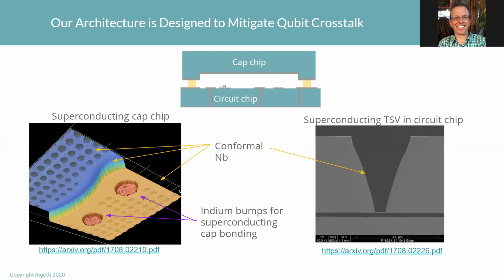We use a superconducting via, niobium coated through the circuit chip, to connect the ground plane on the bottom side to the device side, and then we flip chip bond a cap chip on top of the circuit chip. Here on the left, you can see that we've got both cavities and a surface coated with niobium, and then we have indium bumps that we use to connect the cap chip to the circuit chip.